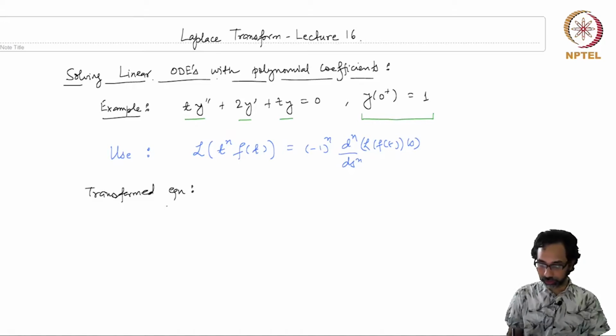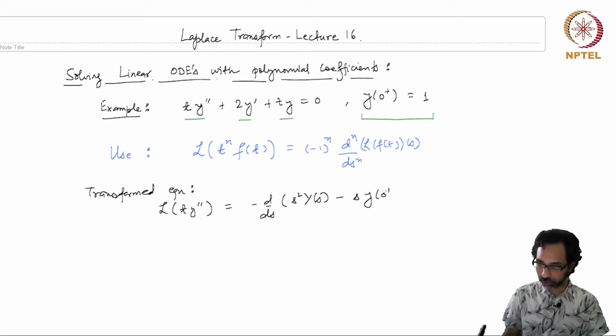The first one is the Laplace transform of t y double prime. This is equal to minus d by ds of the Laplace transform of the double derivative, which means this is s square Y(s) minus s y(0+) minus y prime(0+).